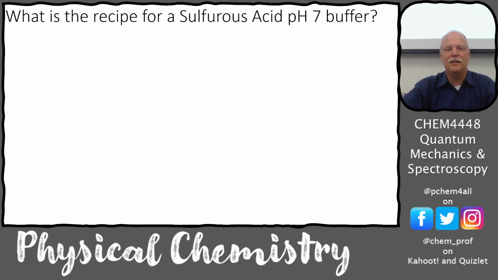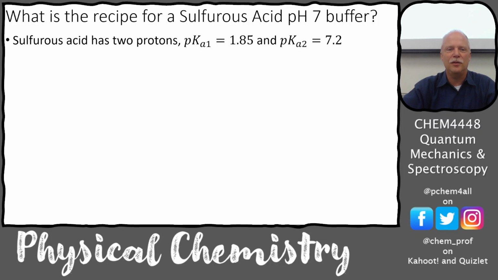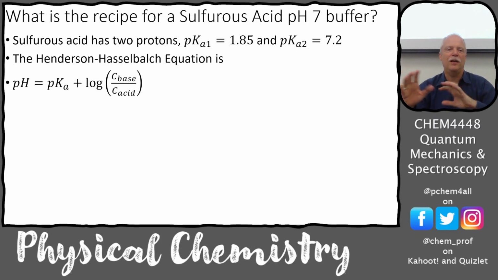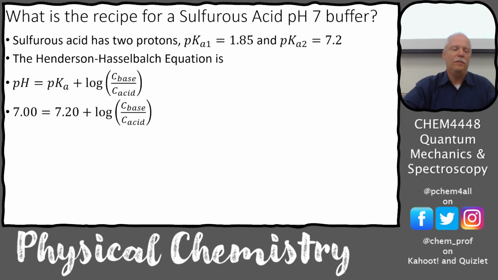We wanted that second proton on the sulfurous acid. So it has that pKa2 of 7.2, and the Henderson-Hasselbalch equation is this. So what is the ratio of base to acid that we want to use? So here we got some algebra for you to do. We know we have the pKa of 7.2, and we want to make a buffer of pH 7.